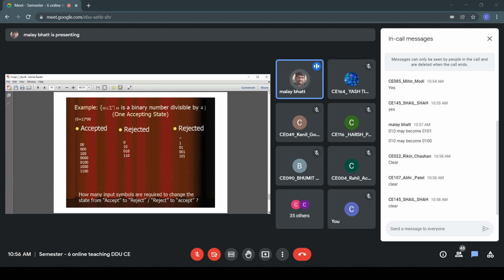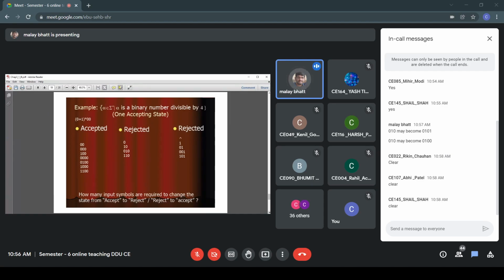Now again you have to check the behavior of null. From null, if 0 is there, it is moving towards acceptance because it needs one more 0 to reach acceptance. If we get 1, that 1 will not be accepted.